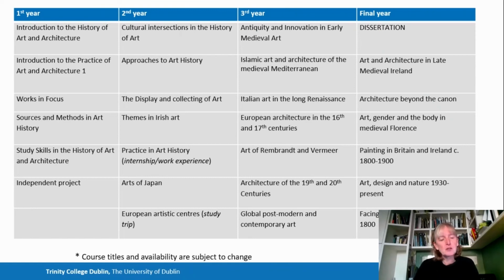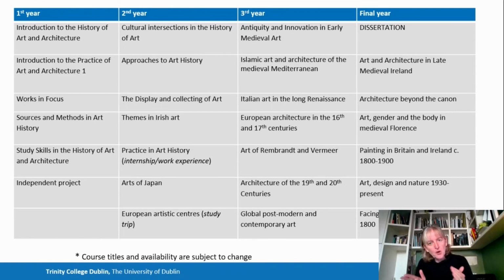So in the first year we have a chronological survey of art and architecture. We study some canonical works in focus, and for single honours and Columbia dual degree students we also focus on sources and methodologies and encourage students really from the start to build on their own independent inquiry.